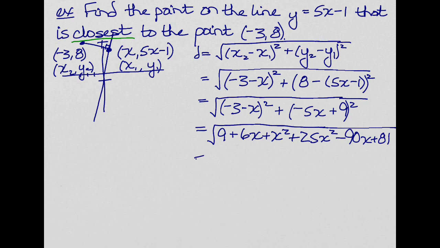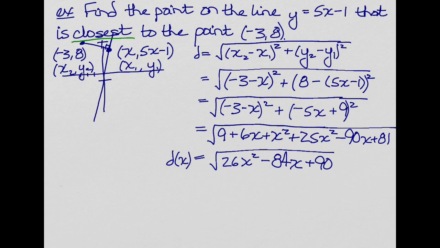And still going. Let's combine some like terms here. So I have 26x squared, and looks like minus 84x plus 90. Whew, okay, so there's my distance.